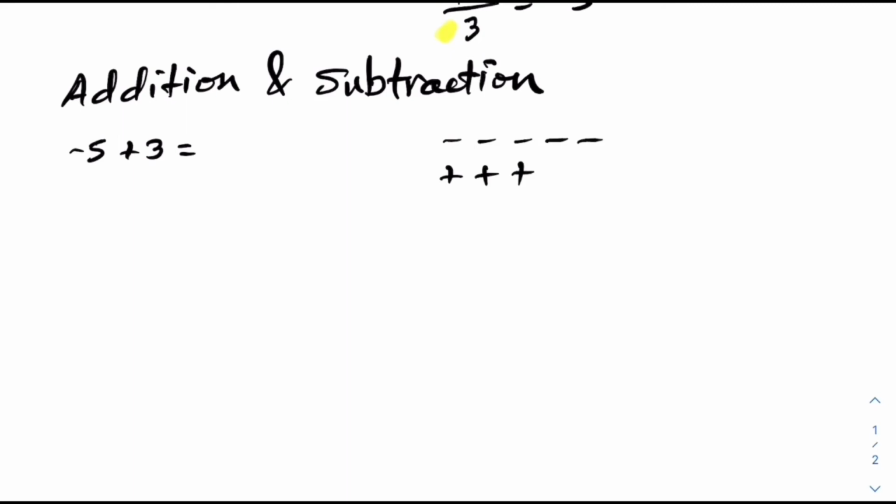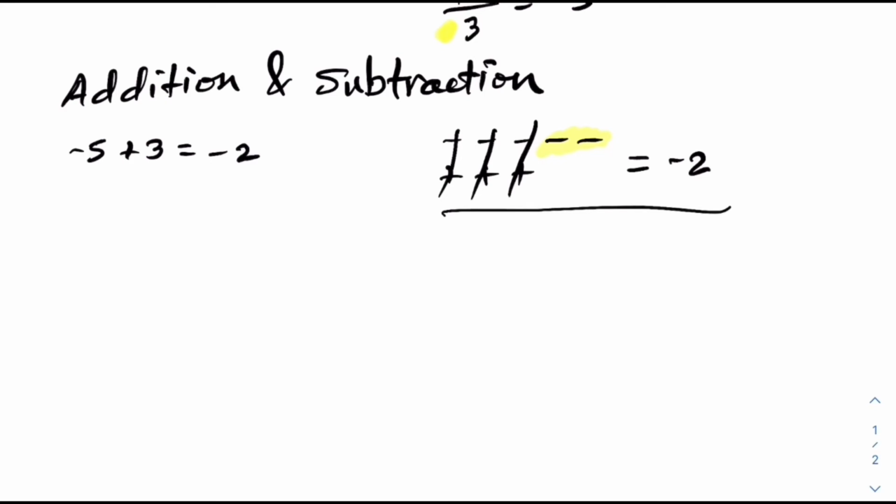So the negative and the positive cross each other out or cancel each other out, leaving you with negative 2, because there are 2 negatives left. So your answer is negative 2.